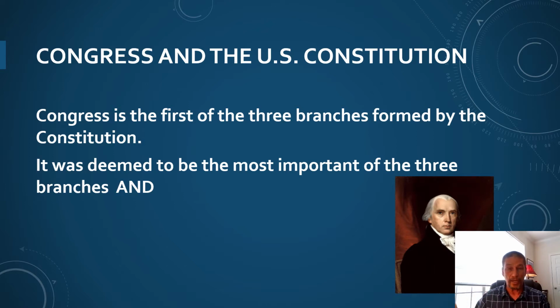The other two branches, the executive branch and the judiciary branch, were designed to be reactionary branches. In other words, the judicial branch's job, among other things, is to interpret the law or to resolve conflicts between two parties about the law. Well, where does that all start? It starts with the creation of the law. So it starts with the legislative branch, the lawmaking branch.